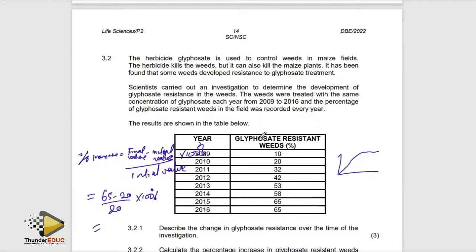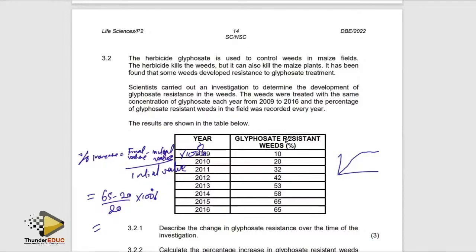That's why here you see that it is over a period of time or years. The glyphosate resistance will accumulate based on the period of years, meaning that this herbicide will be resisted based on the period the weed has stayed in contact with the herbicide.